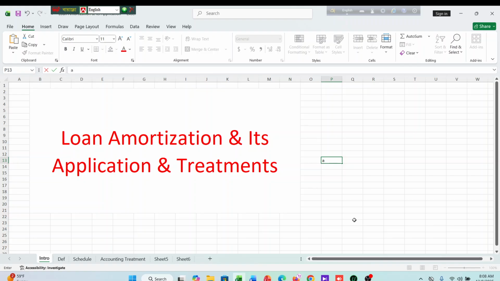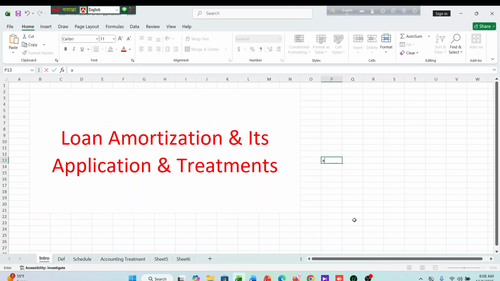Today we are going to discuss loan amortization, its application and treatments. Many of us took loans from the banks. Suppose you go to a bank and ask, I need $1 lakh US dollar for 5 years.